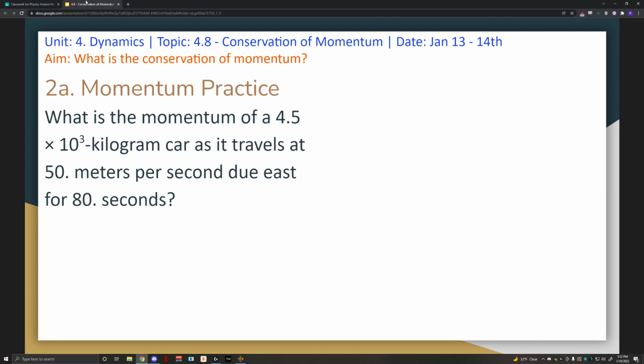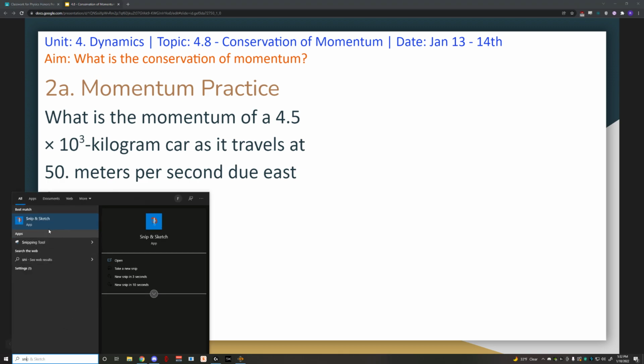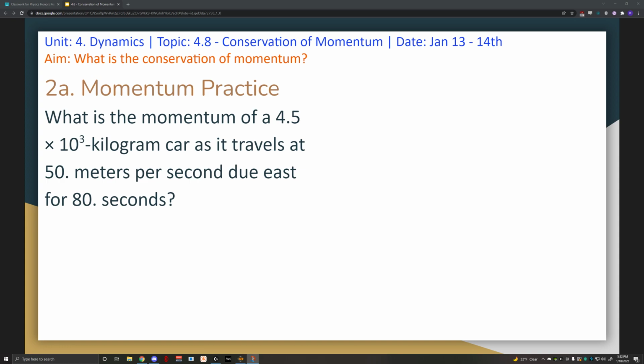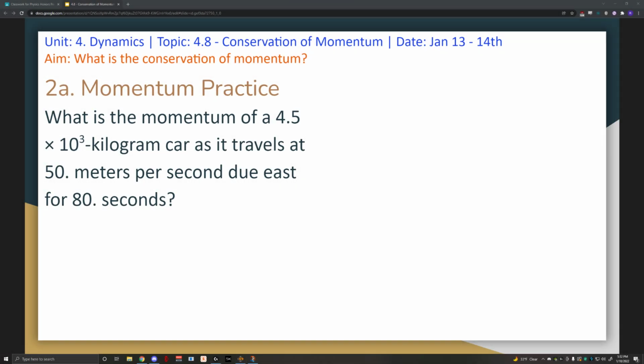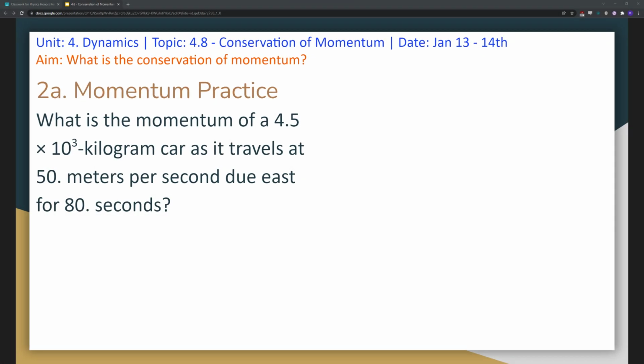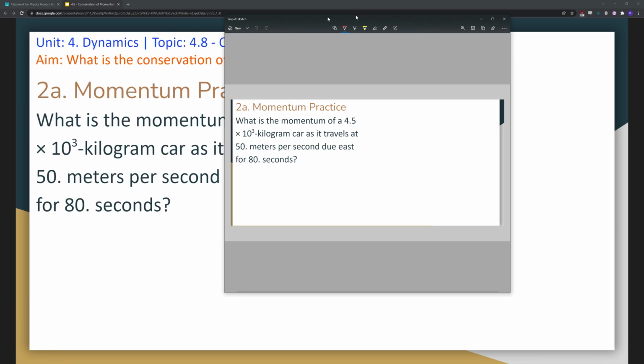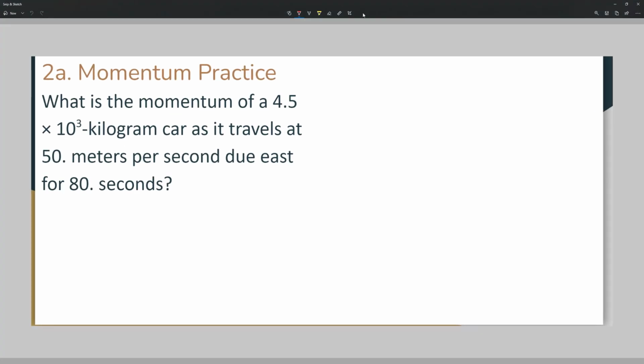Let's do these two practice questions now. What is the momentum of a car?